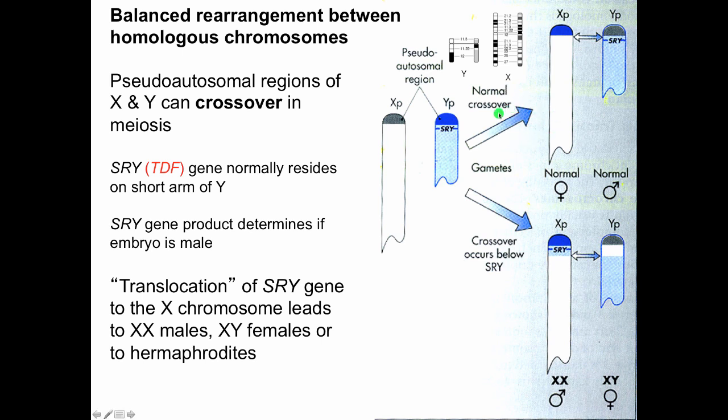So here showing normal crossing over between X and Y with the SRY region maintained on the Y chromosome. Here showing crossing over that would occur below the SRY region, so that gets translocated onto the X and you'd have XX male and then an XY female.